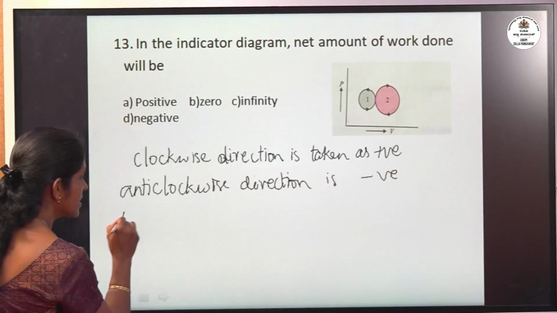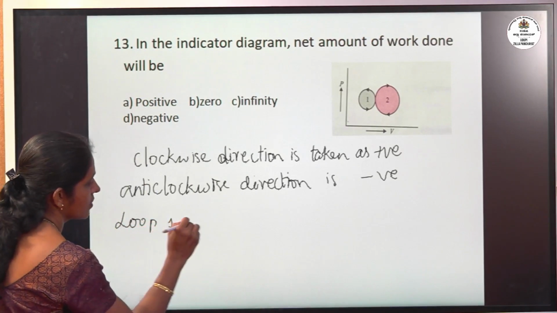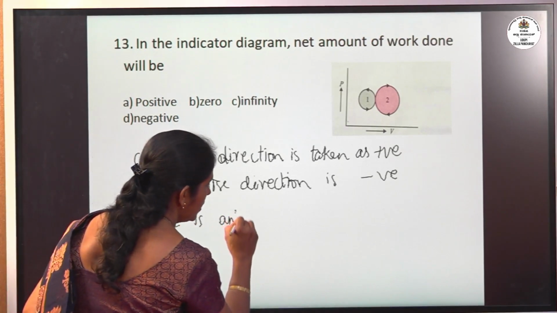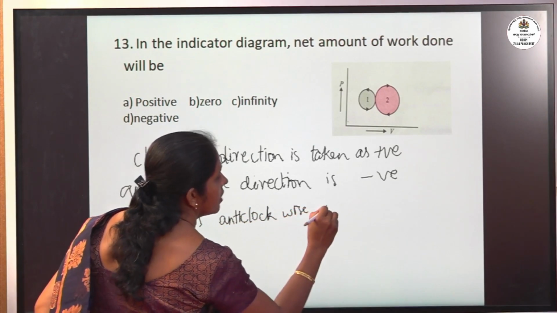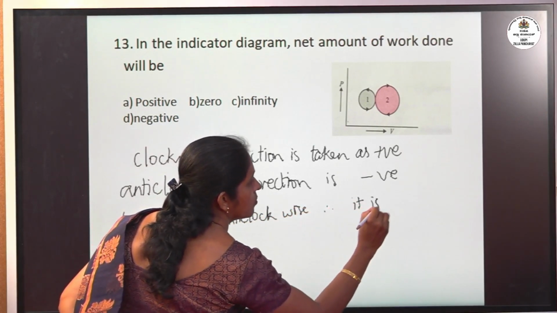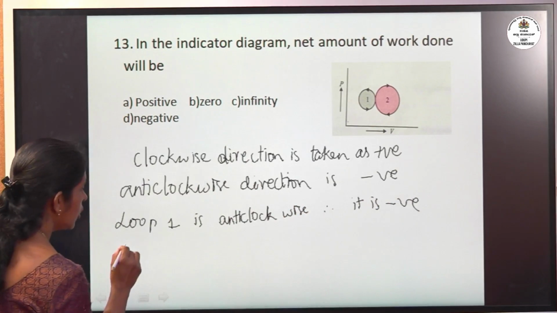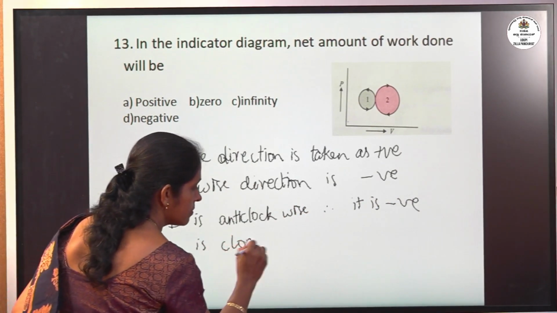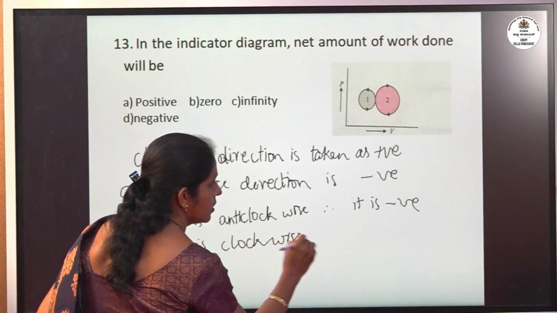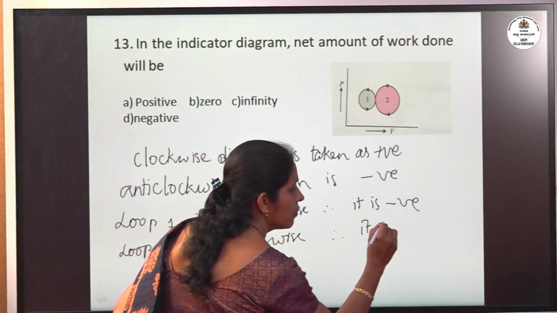Loop 1 is anti-clockwise, therefore it is negative, and loop 2 is clockwise and it is positive.